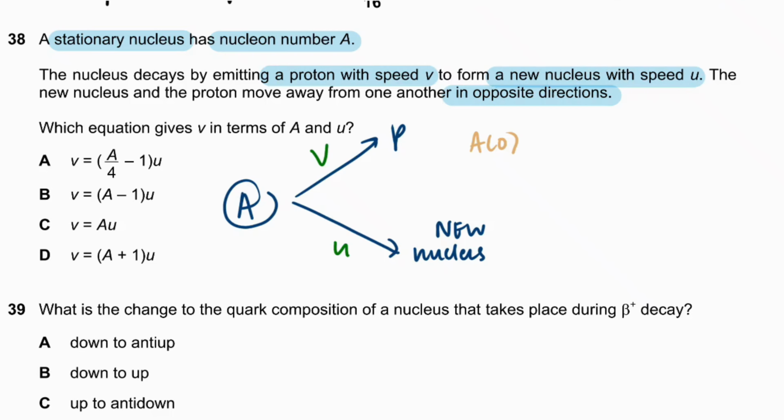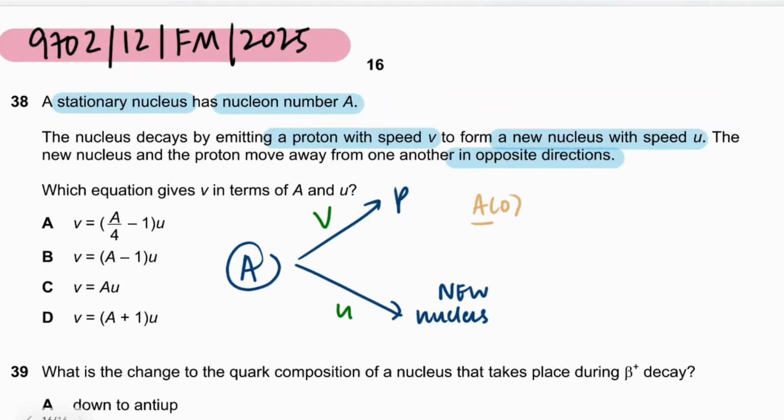And your mass number is A, because nucleon number is actually the number of neutrons plus number of protons. In other words, we call it the mass number. So the stationary nucleus has a mass number of A, and speed is 0, so initial momentum is already 0.